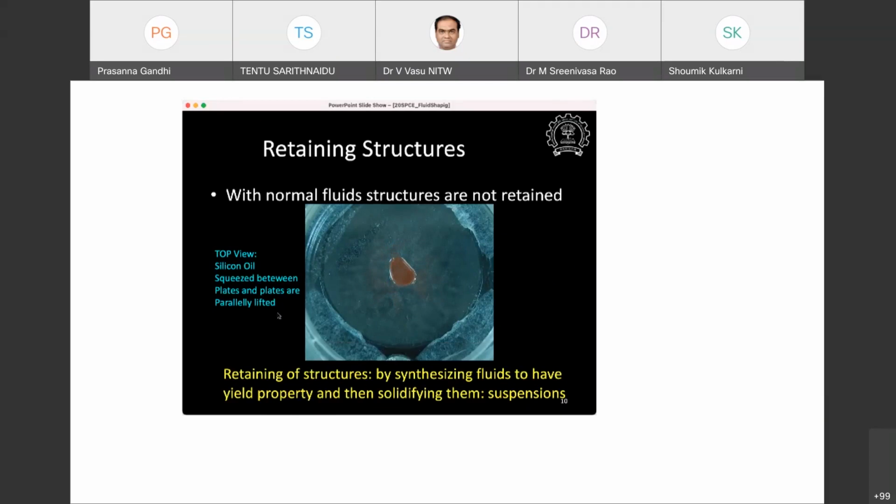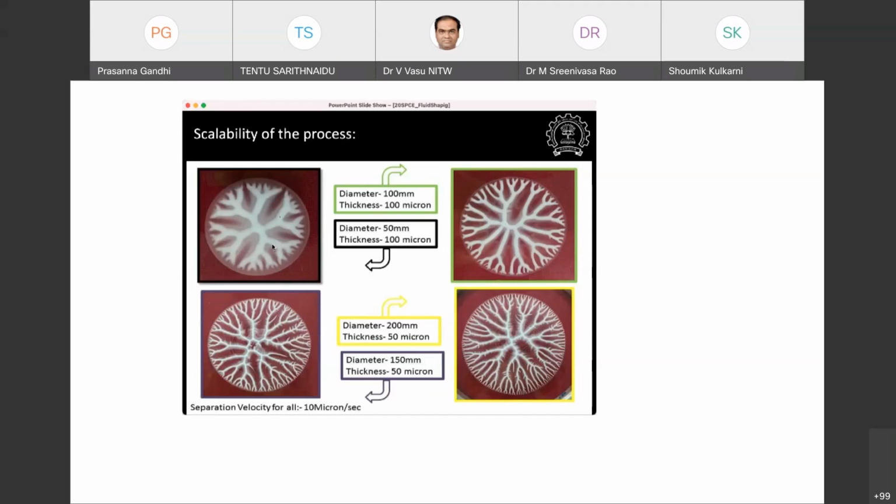Okay, so we have these structures which are retained here. You can see that especially suspensions of particles give the yield property. Okay, so these are the alumina suspensions in some photopolymer, and that is giving you the yield property, and this shows that the structures are getting retained.